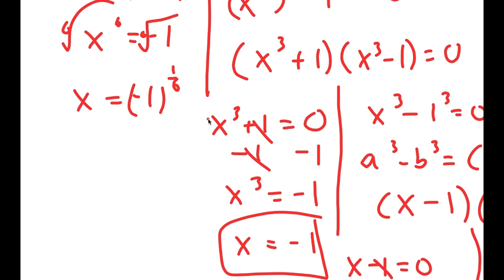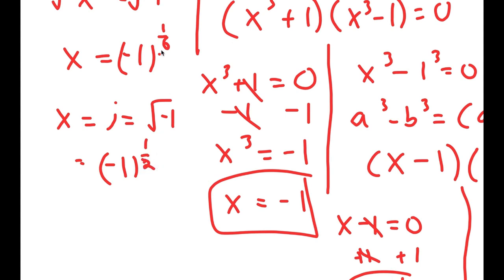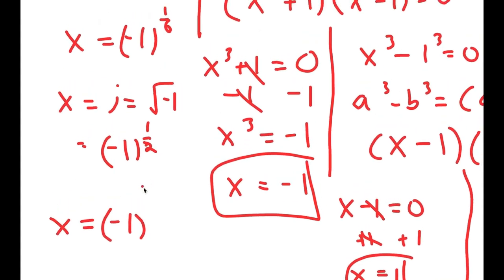So now, the 6th root of -1 is, we know that i is equal to the square root of -1, which is equal to -1 to the power of 1/2. So -1 to the power of 1 over 6 is the same thing as -1 to the power of 1/2 minus something.